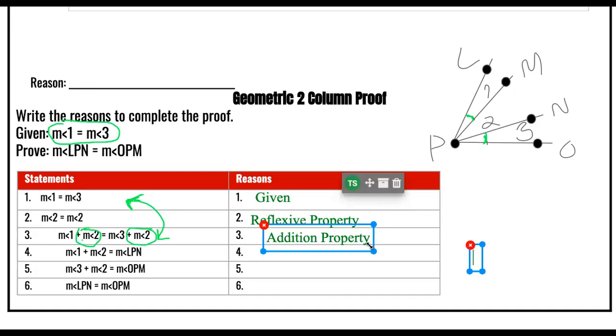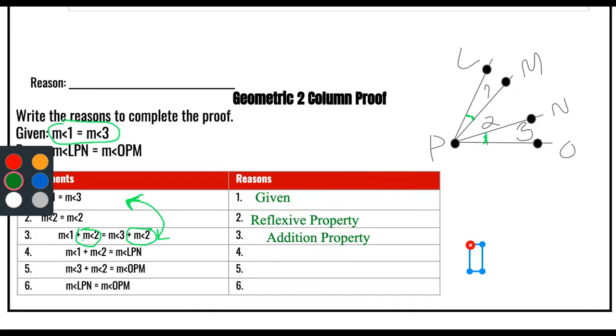Okay, hang in there. We only have 3 more steps to go. You're doing good. So let's look at statement 4. It says measure of angle 1 plus measure of angle 2 equals LPN. That's a good sign for me to go back to the figure. Let me highlight some things and see if this makes sense.